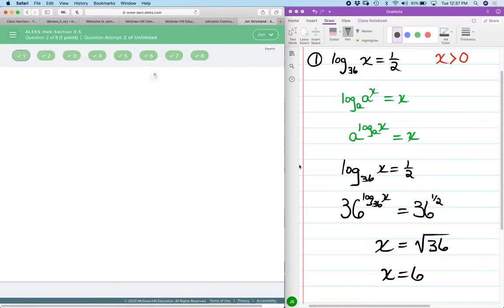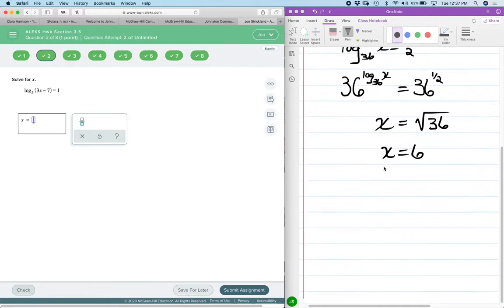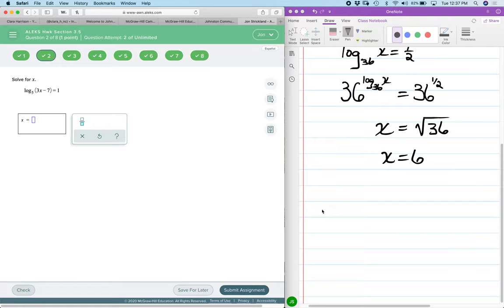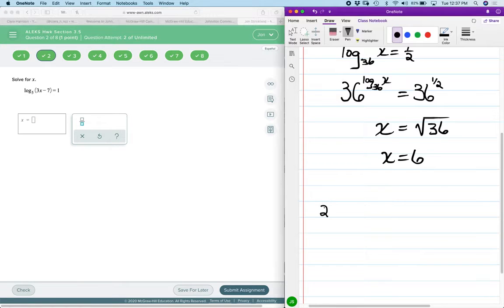For the case of number 2, now we're looking at solving for x, and this time we have the base 5 logarithm of the quantity 3x minus 7 is equal to 1. And again, 3x minus 7 has to be positive for that statement.